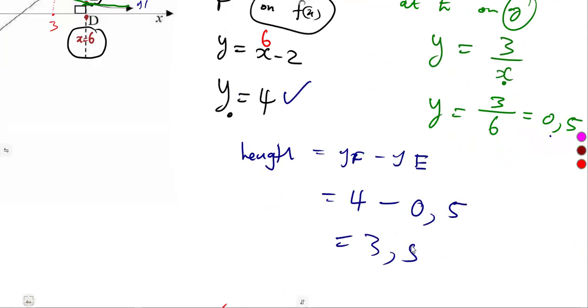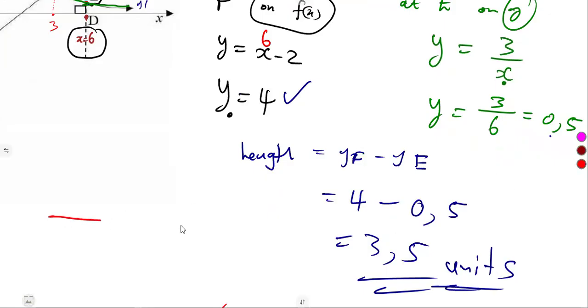3,5 at the end. This is the length. So that's 3,5 units. Just going to write it as units. So this is the length, guys. If you're given a vertical line, you work with the Y values. If it was length, but it's on a horizontal line, you work with X values.